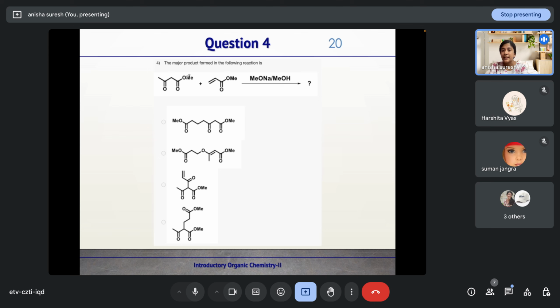So what we will get as a major product? Option B is not the right answer. So the right answer will be option D. So we will see the mechanism.